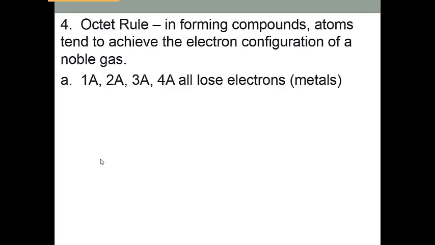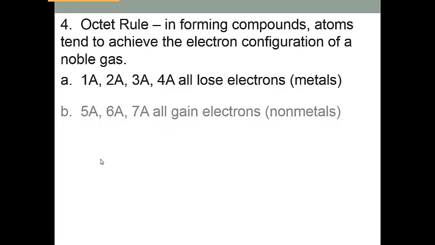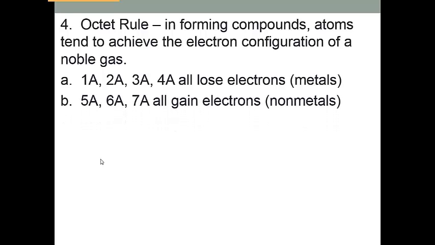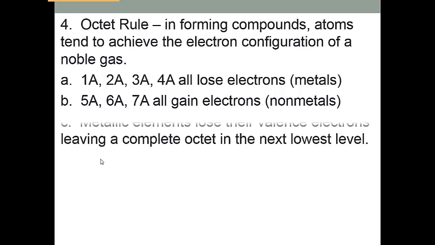That's just generally what they do in order to meet this octet rule. And in general, things in 5A, 6A, and 7A, which would be nitrogen, oxygen, and the halogens, fluorine, and everything in their families, mainly we get more nonmetals there than metals, and so those are going to gain electrons. The elements in those families will gain electrons.